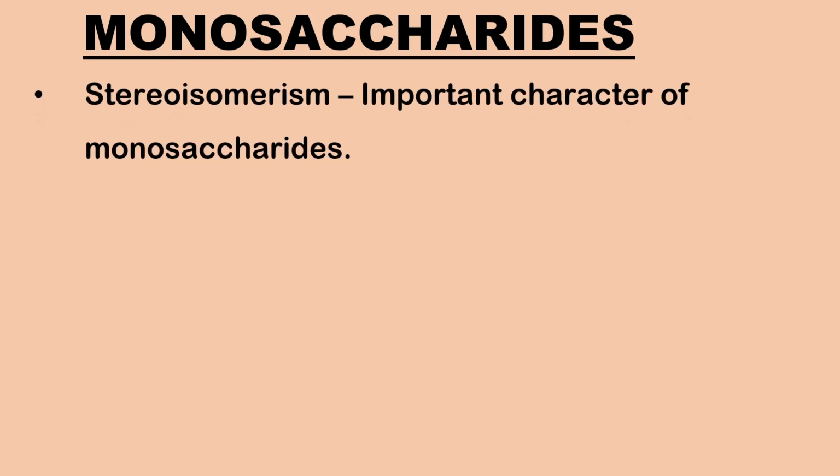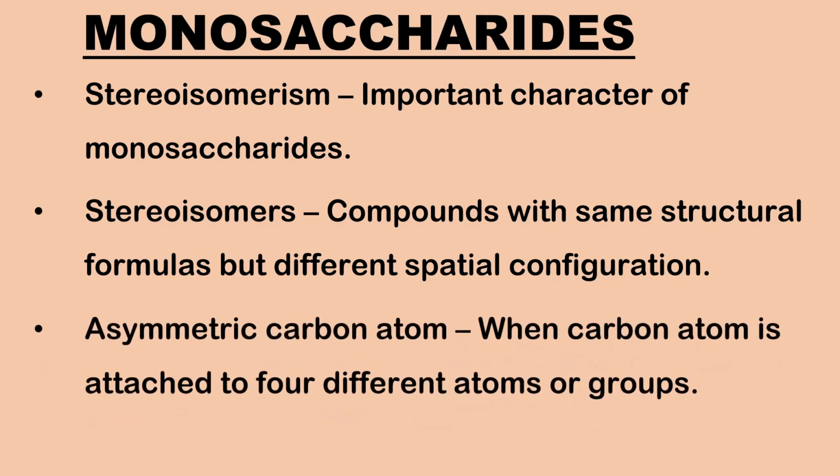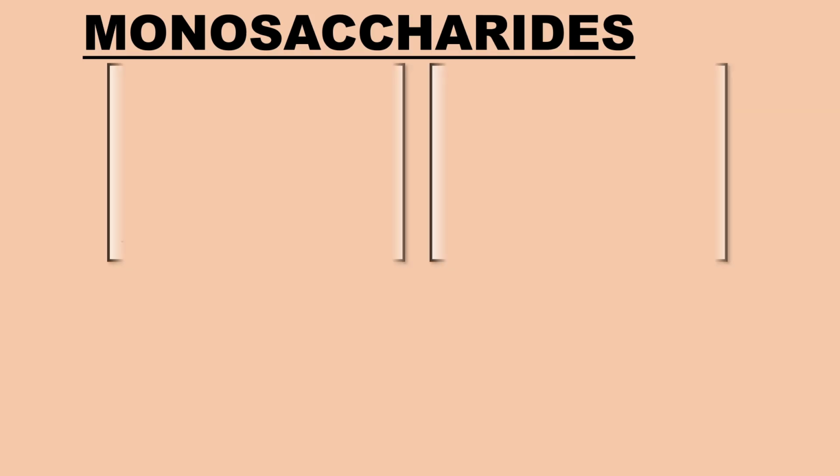Stereoisomerism is an important character of monosaccharides. Compounds having same structural formulas but different spatial configuration are known as stereoisomers. A carbon atom is said to be asymmetric when it is attached to 4 different atoms or groups.